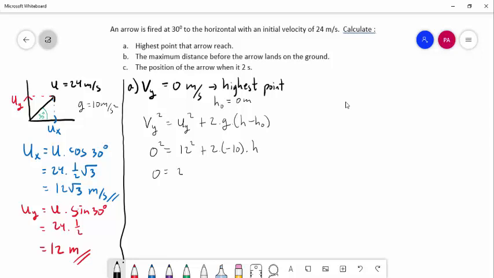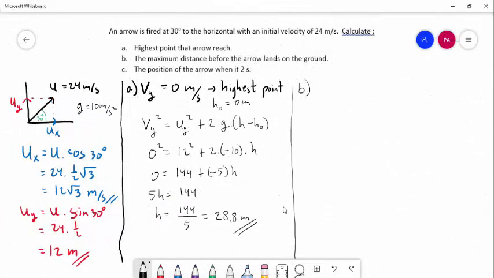So the maximum height is 144 per 5, equal to 28.8 meters. This is for question A.